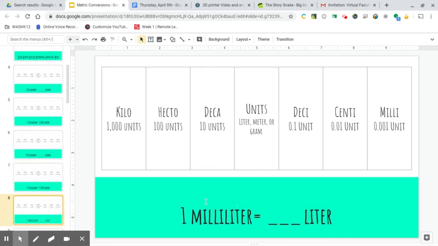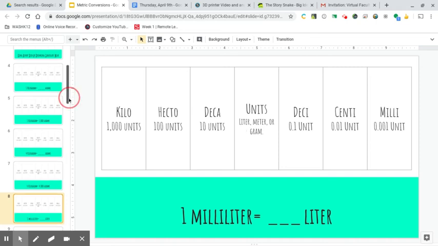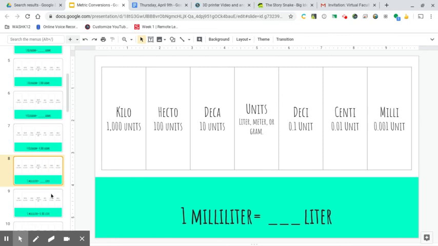Let's try a different one. What if we had 1 milliliter and we wanted to know how many liters it was equal to? Let's look right here at milli, because it's a milliliter. It says a milli is 1,000th of a unit, so a milliliter is 1,000th of a liter.